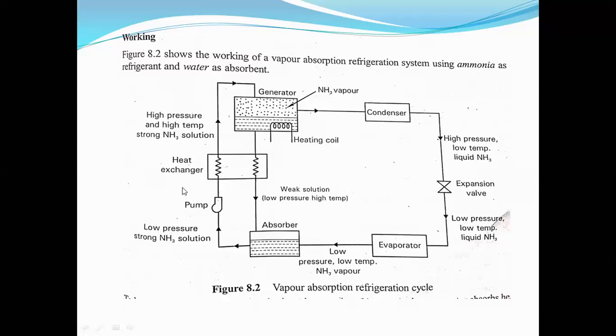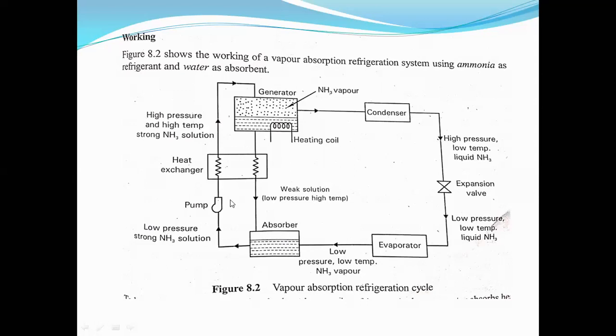Now, what is the condition of ammonia after passing through the heat exchanger? Here we had low pressure, low temperature, strong ammonia solution. After passing through the heat exchanger, the temperature increases. As I said, the main function of the pump is to increase the pressure. So instead of low pressure, we are getting high pressure.